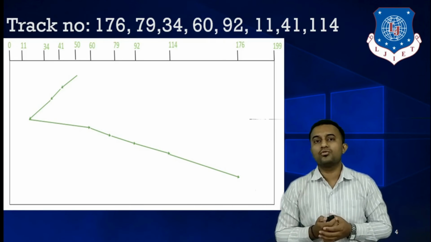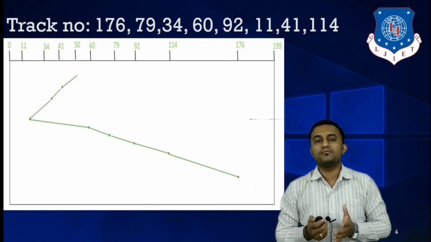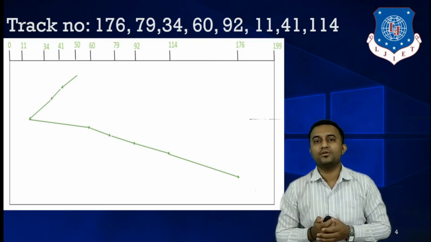But before discussing the pros and cons of this algorithm, we need to calculate the total track movement by SSTF for this set of inputs.